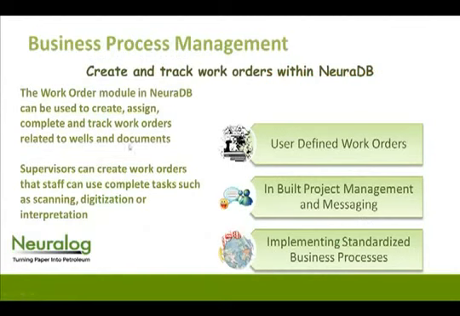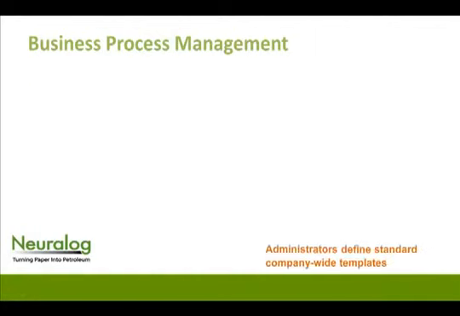For users who do a lot of work orders with the data in a database, we have the work order module under the business process management framework in NeuroDB. This allows us to create user-defined work orders and use the inbuilt project management and messaging applications to allow the implementation of standardized business processes.